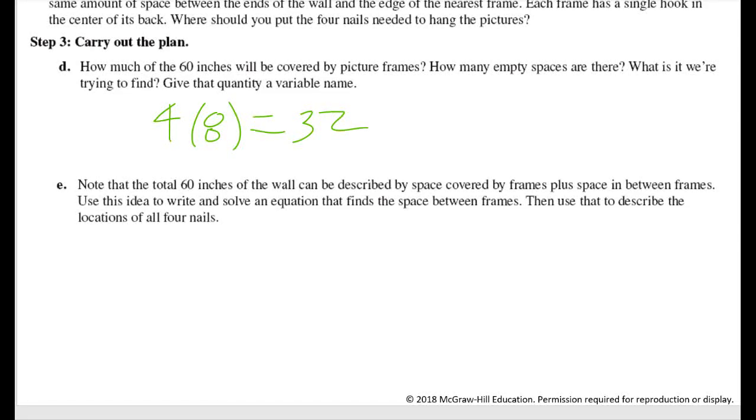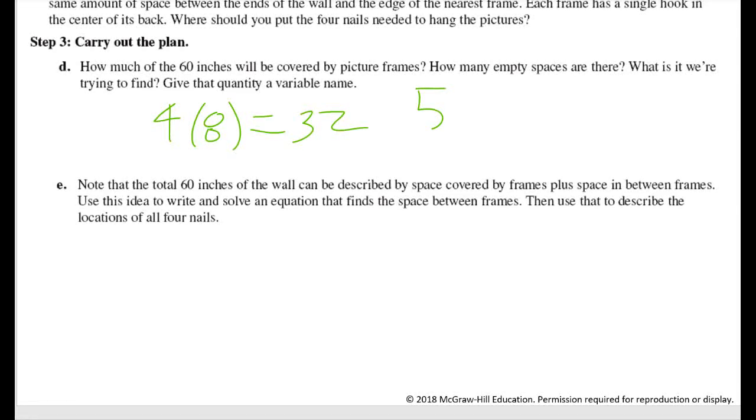How many empty spaces will there be? What is it we're trying to find? Give that quantity a variable name. We're actually trying to find the location of each nail.